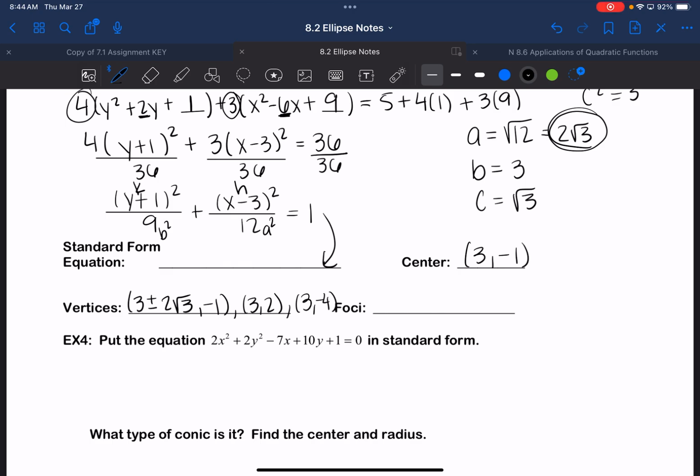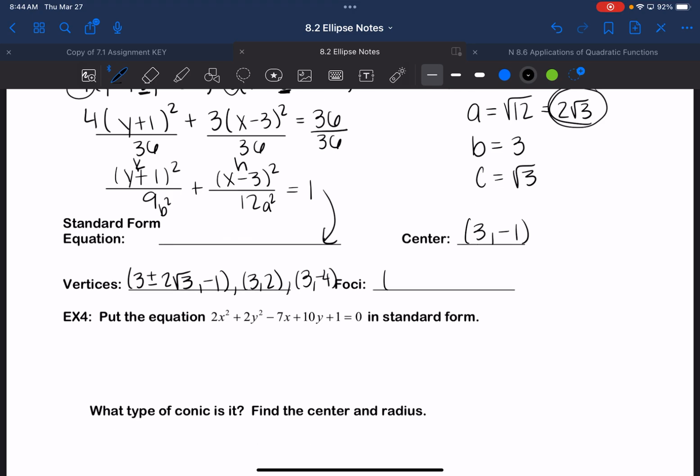Okay. And you guys said this one runs horizontally, meaning that the foci would be found on the horizontal axis, right? So I would add and subtract my c value from x. So it would be 3 plus or minus square root of 3. And then the y value stays at -1.